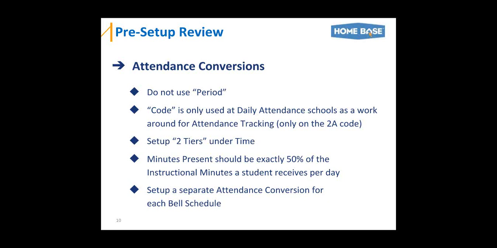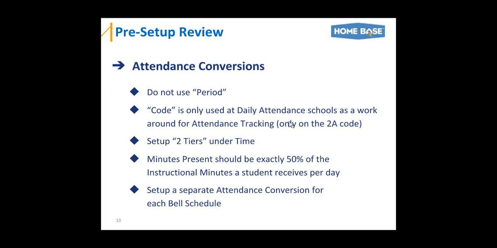We will always set up 2 tiers under the time, and our minutes present should be exactly 50% of the instructional minutes per day. So I'll show you that. And we're going to set up a separate attendance conversion for every bell schedule that you have.